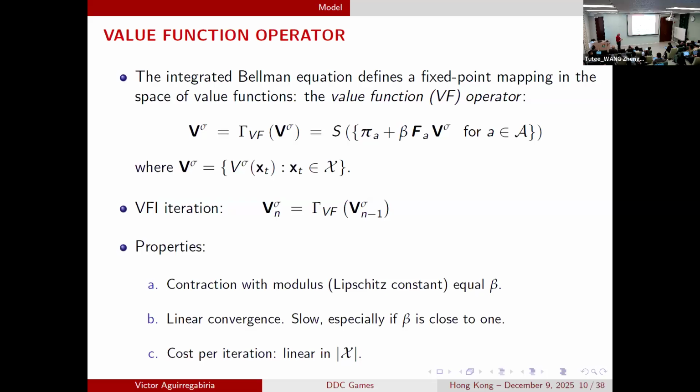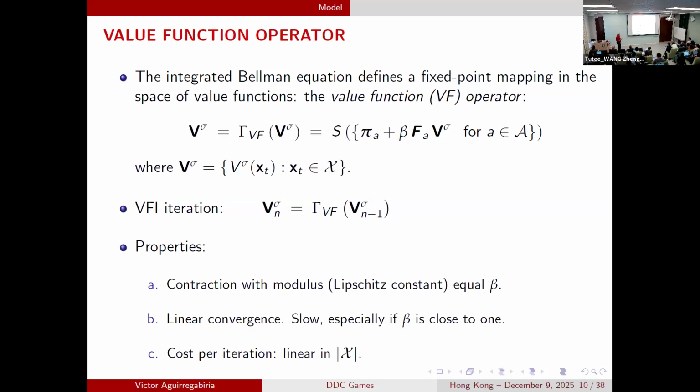Then give me a vector of values, an initial guess. I plug it in here and I obtain all these conditional choice value functions. I use the expression for the surplus function, for instance, the log of the sum of the exponentials if the epsilons are type 1 extreme value.